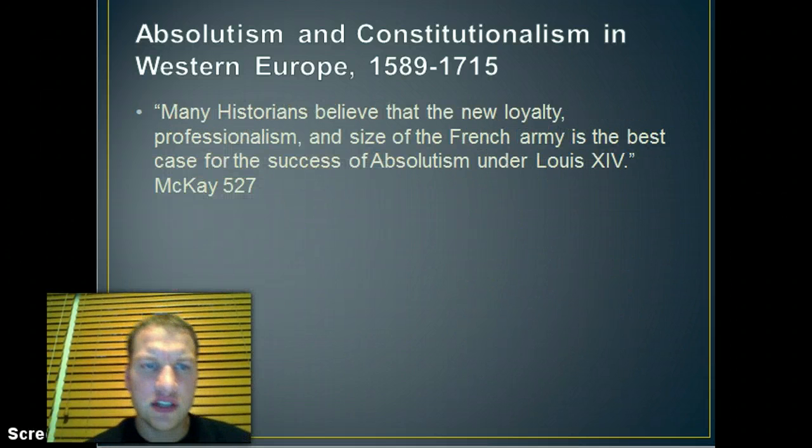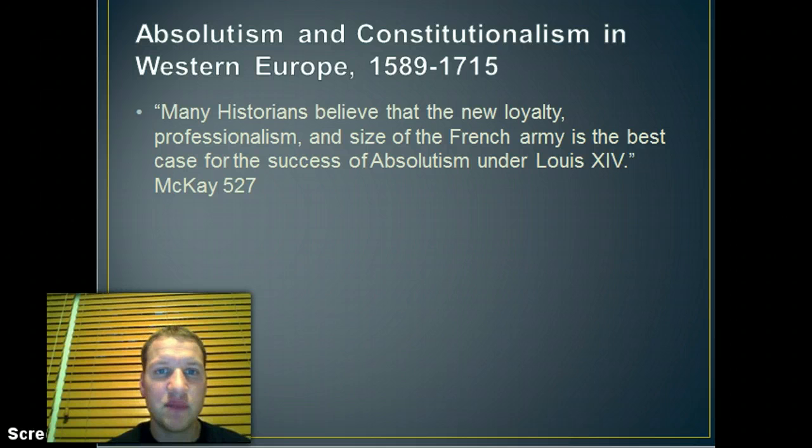So the quote from McKay here says, many historians believe that the new loyalty, professionalism, and the size of the French army is the best case for the success of absolutism under Louis XIV. And I think that's correct. We're going to spend most of our time looking at absolutism by looking at Louis XIV. Louis XIV is going to be the greatest of all absolute monarchs.